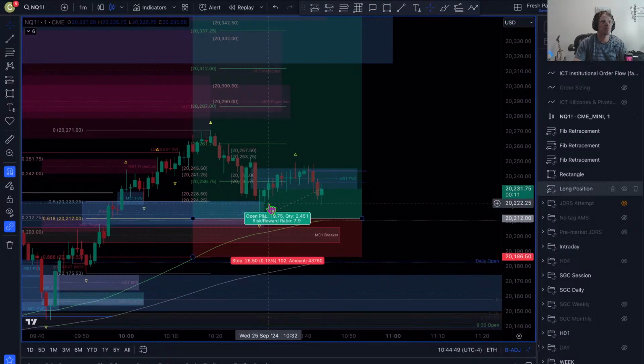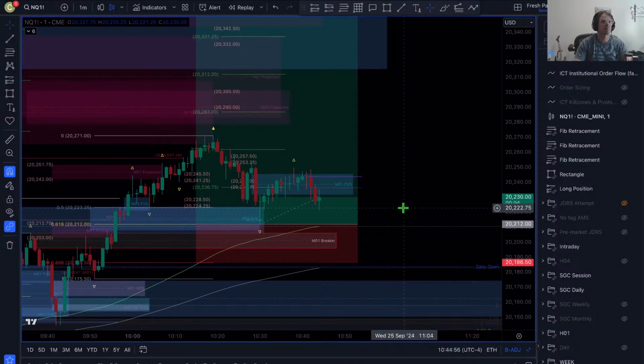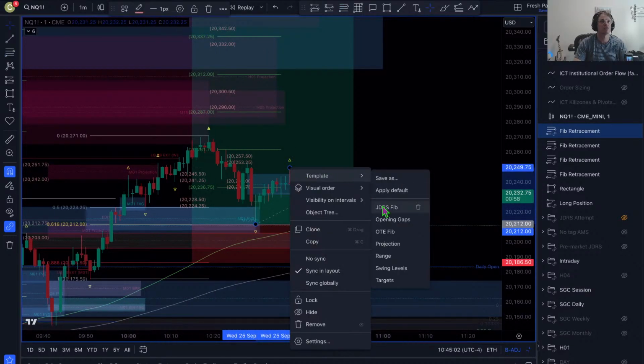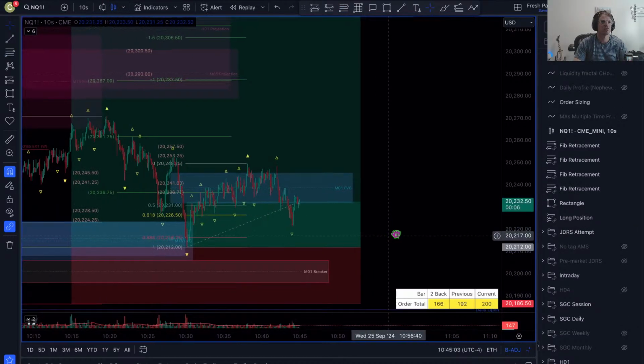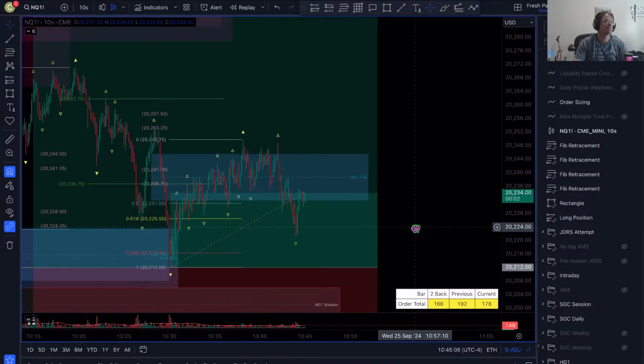So that was a sweep of all of that liquidity built there, with the exception of the low. If you were to trade that as S10, I just have a hard time doing that since we haven't broken.